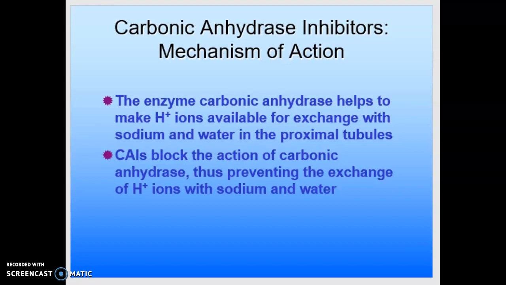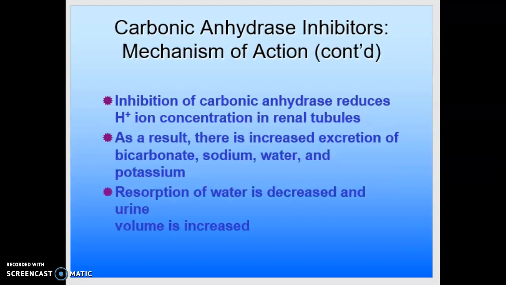The carbonic anhydrase inhibitors then work by blocking the action of the carbonic anhydrase, and that prevents the exchange of the hydrogen ions with the sodium and water. So the result of this is that there's a reduction in the hydrogen ion concentration in the renal tubules.